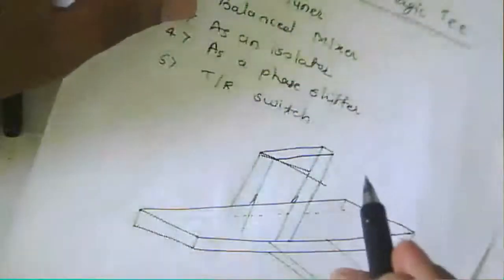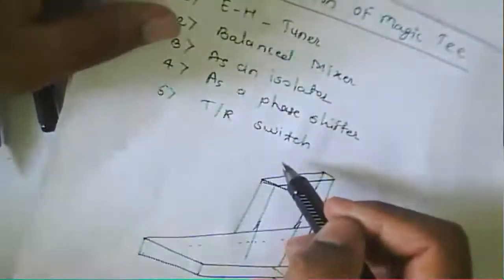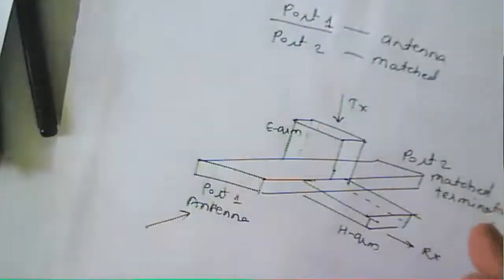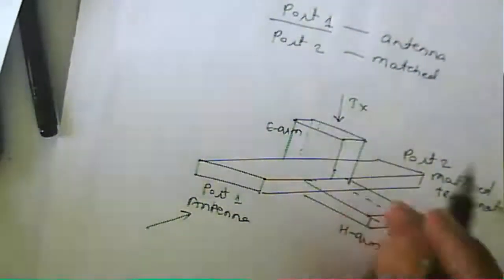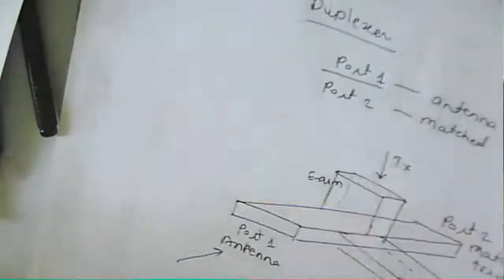Okay, likewise, we can say it is used as a transmit receiver switch, or as a phase shifter, or a duplexer, or it can be used as an isolator. Now this is about your magic tee. Now next we consider another portion, a directional coupler. Okay, we consider the coupler.